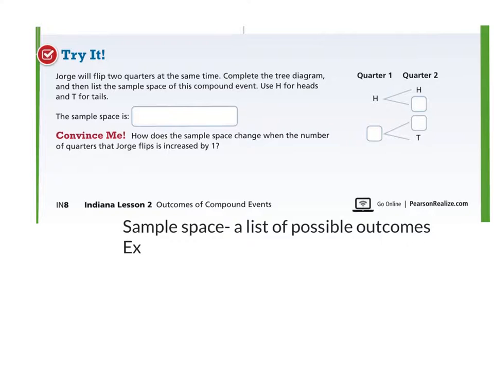For example, if we are rolling a die, singular of dice is die, our sample space, our possible options, would be 1, 2, 3, 4, 5, 6. Assuming that it's a normal die.